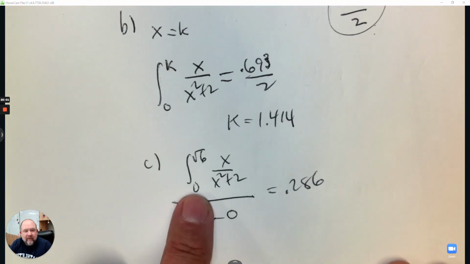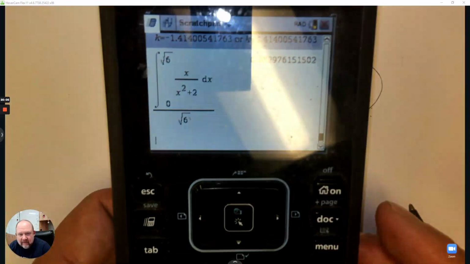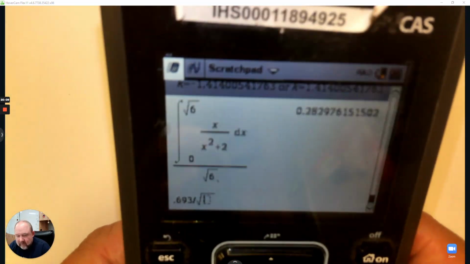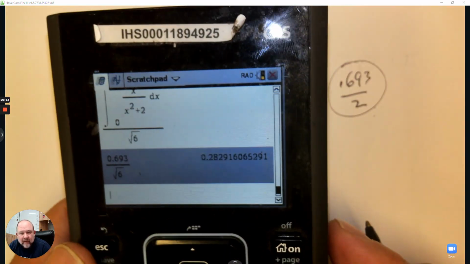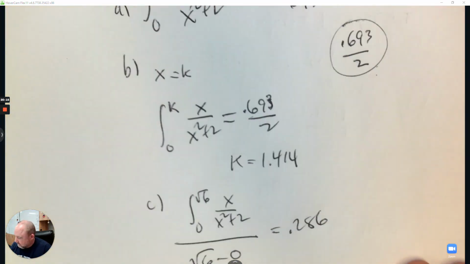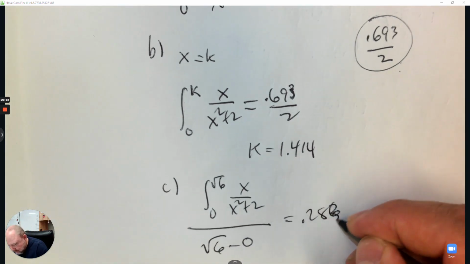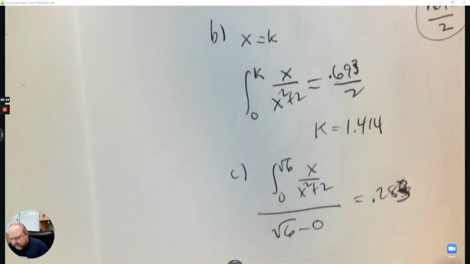And again, instead of retyping this in, I could have just gone, and when it's a test, it matters this time, I could have just gone like that divided by root 6, right? And I would have got the same answer, 0.283. So this is a 3. 0.283. All right, one left.